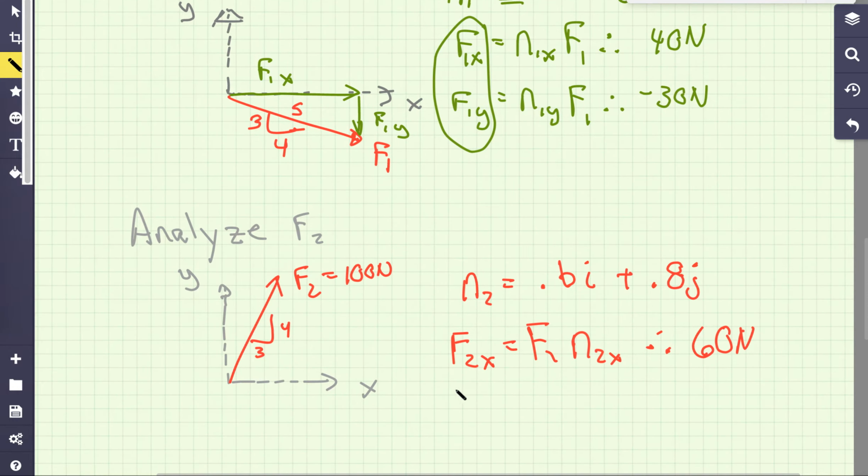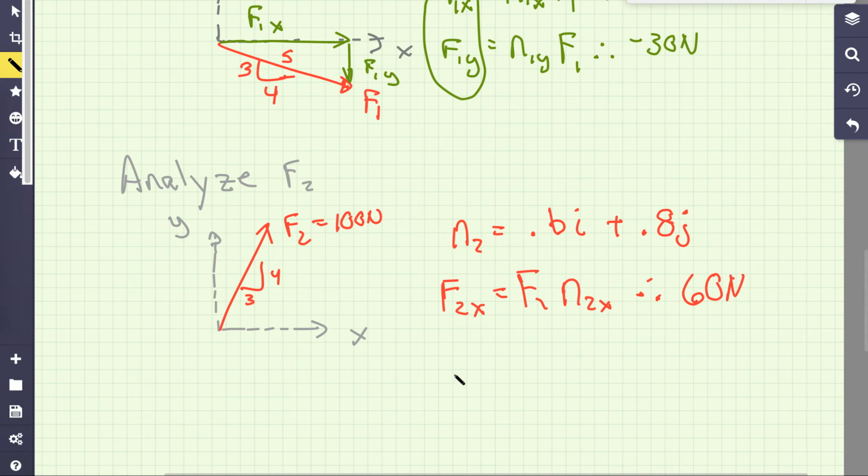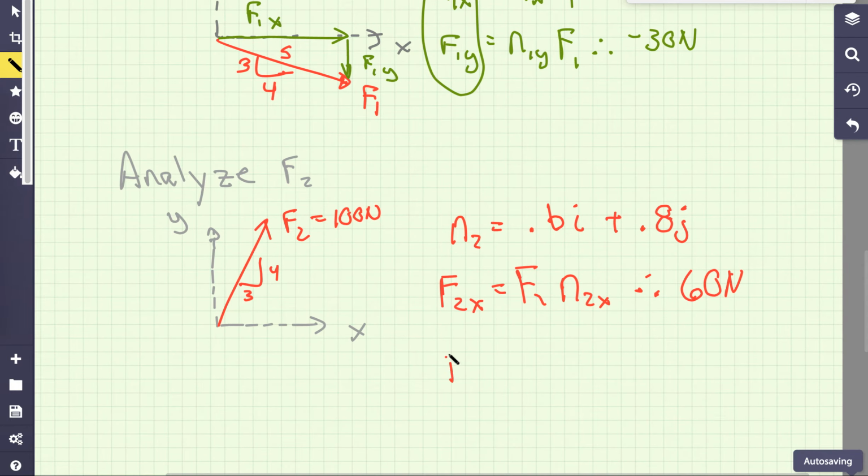Furthermore, F2 in the Y is equal to F2 times the unit vector 2 in the Y direction, and we would get 80 newtons.